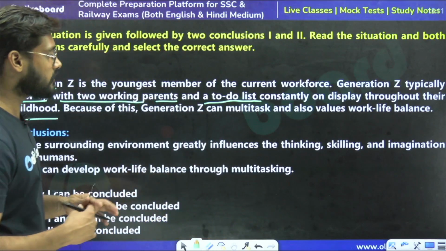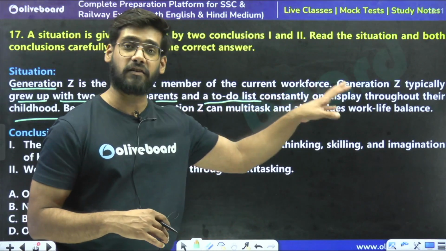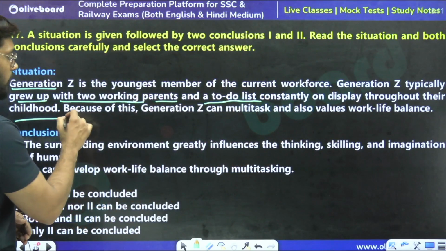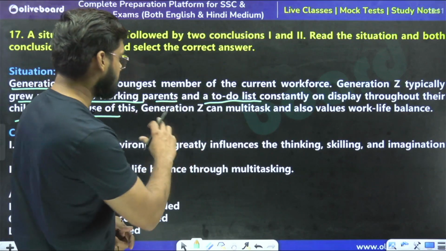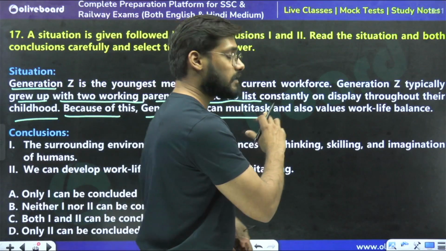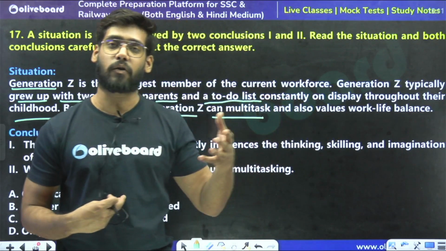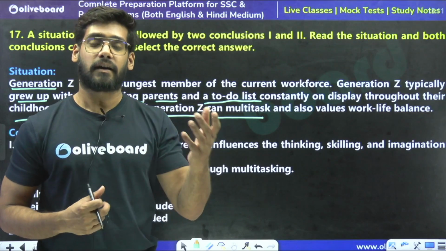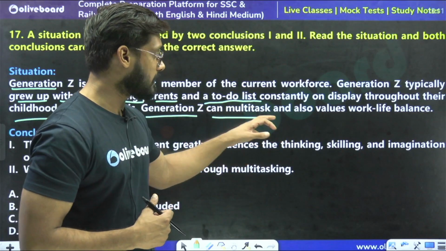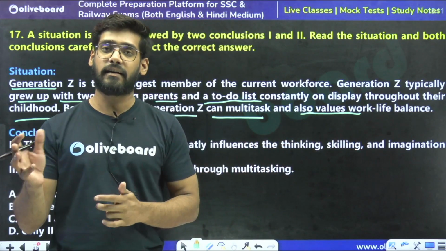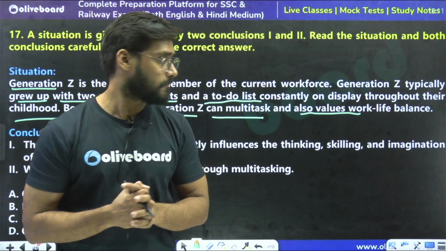Because of this, Generation Z can multitask, and also values work-life balance, and they can balance their work life as well, right?